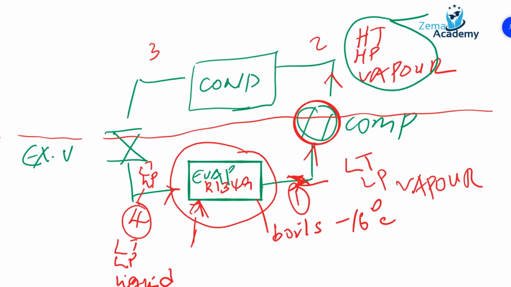Imagine you have high temperature and high pressure vapor that you can use for different applications, whether for space heating or for hot water, depending on the application. But the only way to extract that heat is to pass it through a condenser.